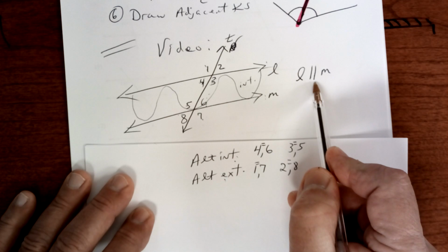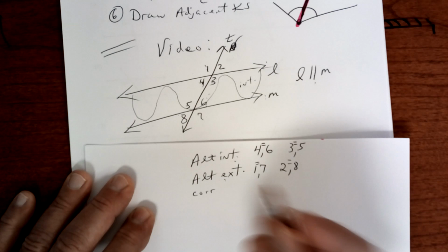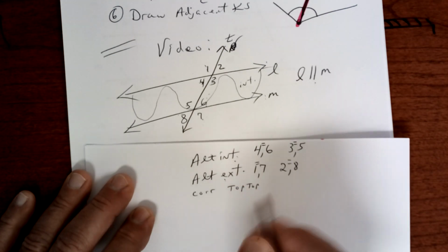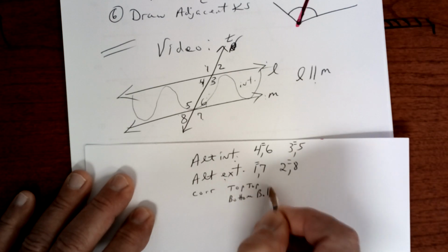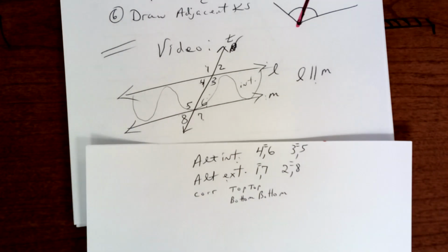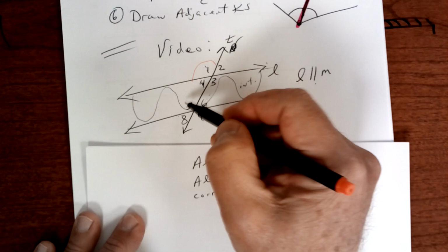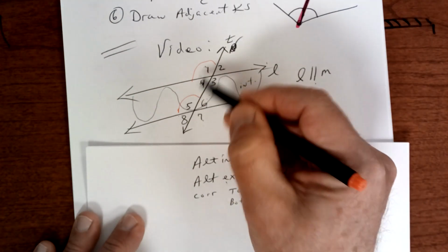There's something called corresponding. And the way you memorize that is top, top, bottom, bottom. Write that down. Now watch how I do this. Pay attention. Okay, so the top of this line and the top of that line, those are corresponding.